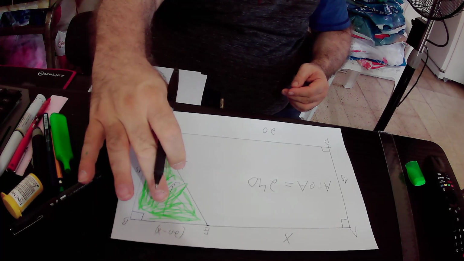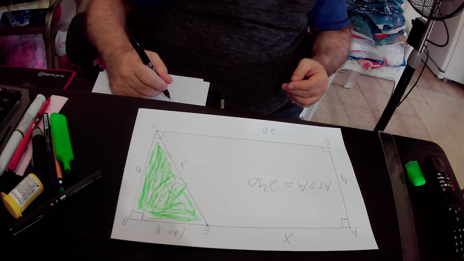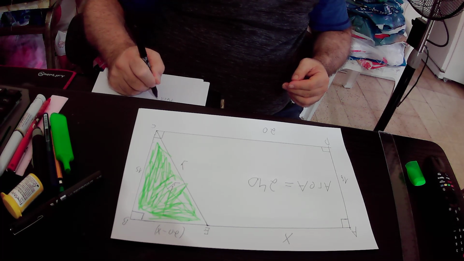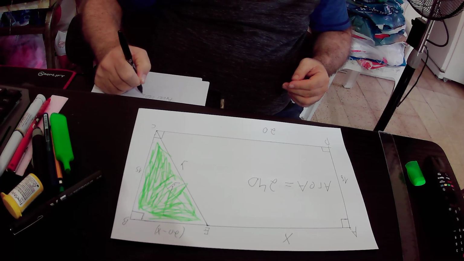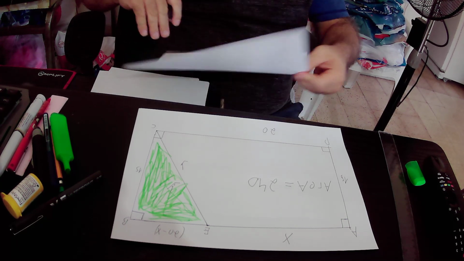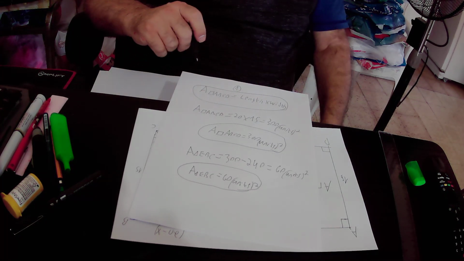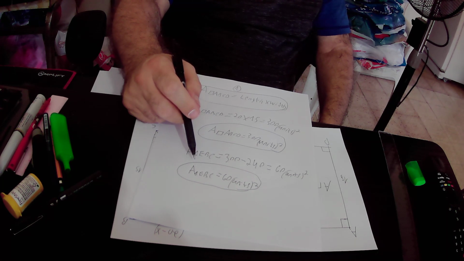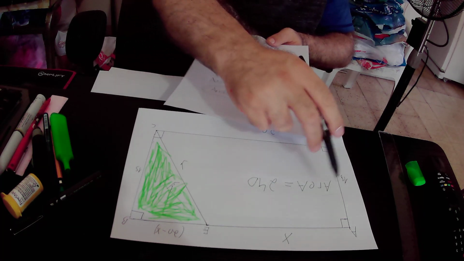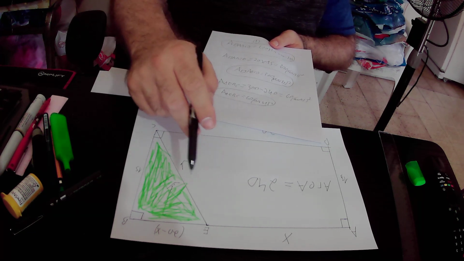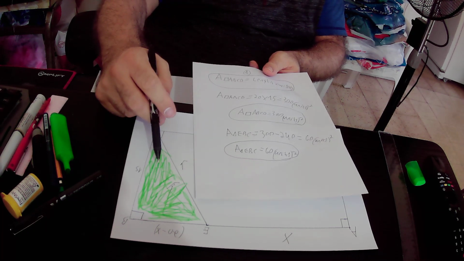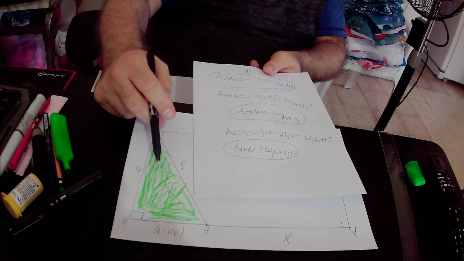Okay, so the area of the green right triangle EBC equals 60 units squared.